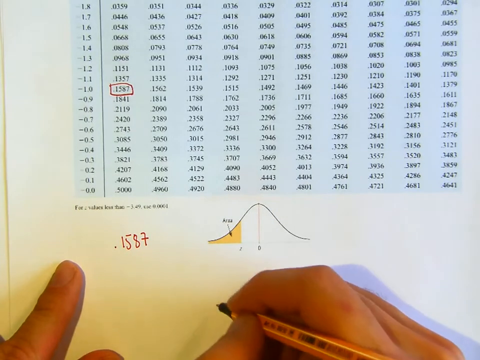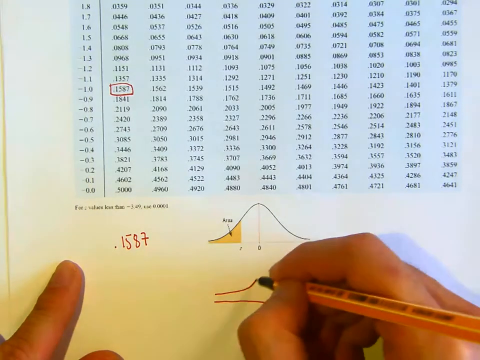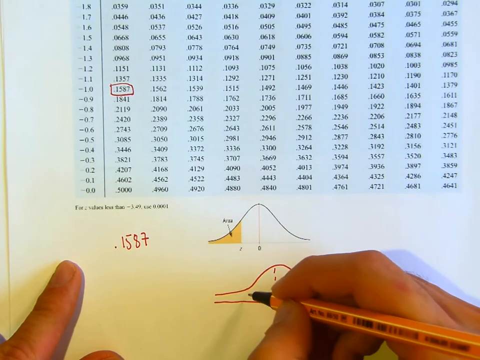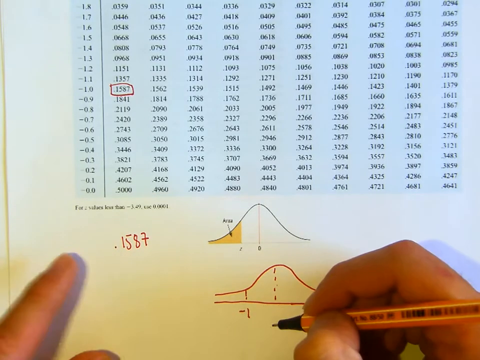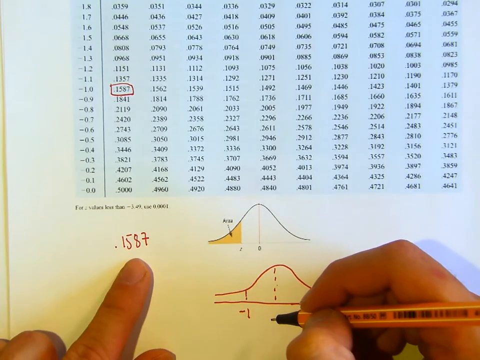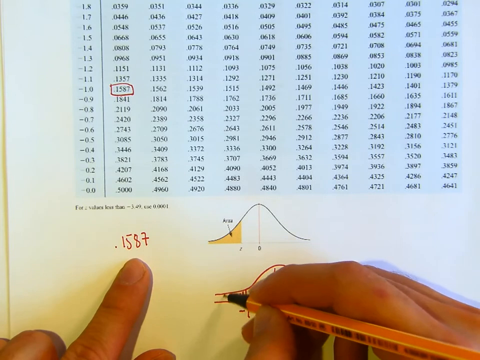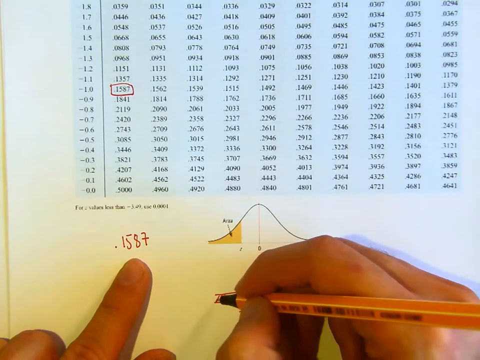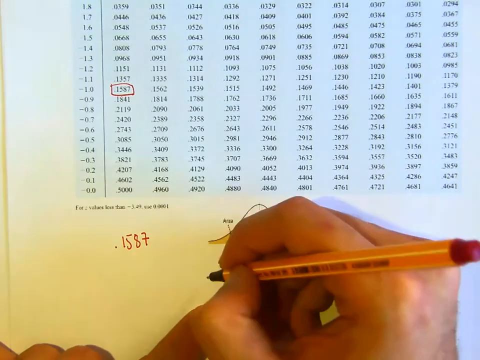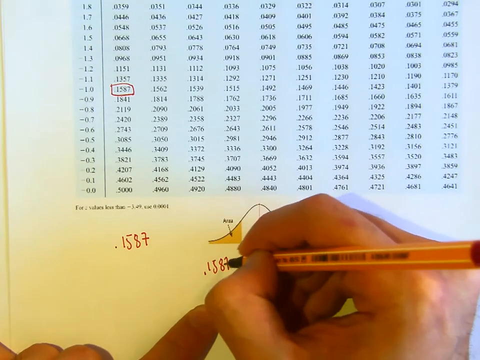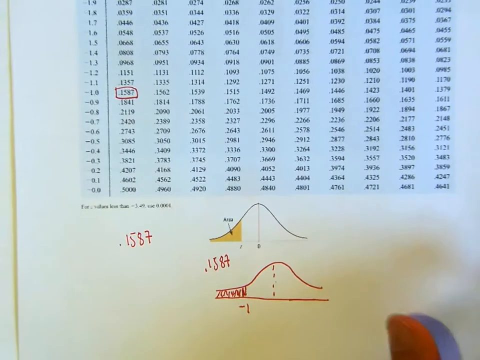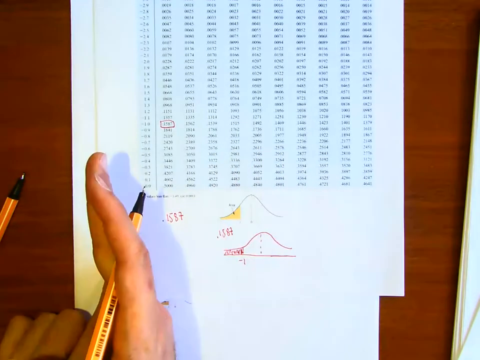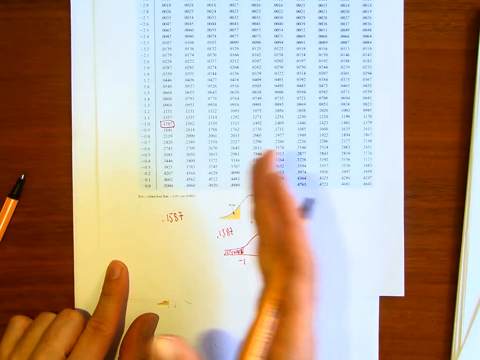If I were to have a graph and I would have a normal distribution, if this is negative 1, what we just found right now was the area to the left of negative 1. The area to the left of negative 1, that represents this area right here, is 0.1587, because that's what these z-tables do. They only find area to the left. They do not find area to the right.